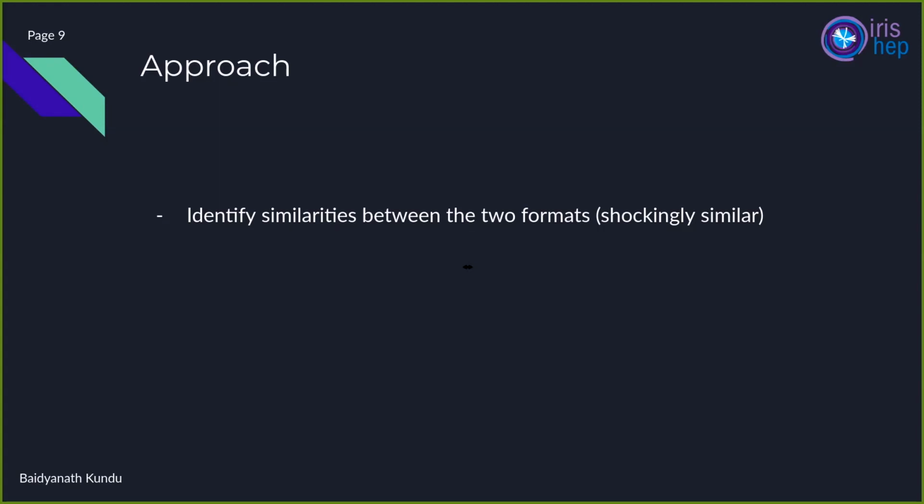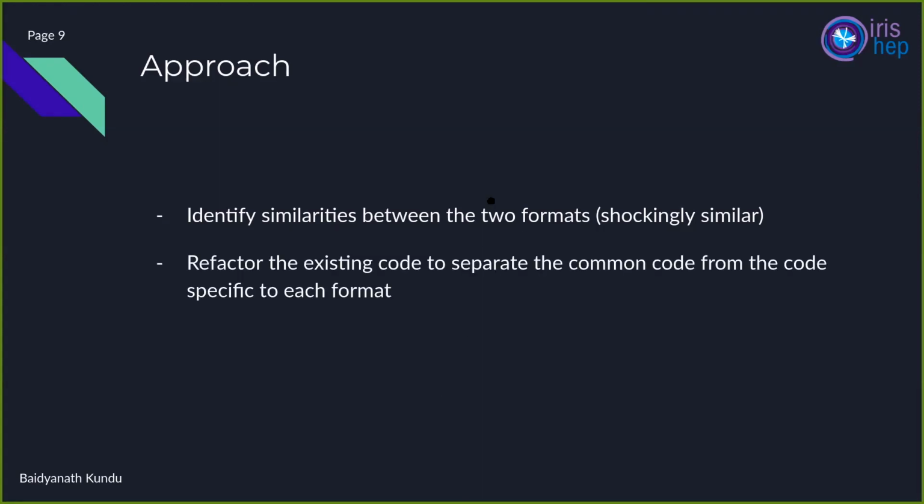But at least on the software side, we found that they were shockingly similar, and that's why we had to reformat the existing code, so that we could separate the common code and the code that is specific to each format. This was necessary so that we don't end up having a lot of code duplication, and we were able to do it without breaking anything.